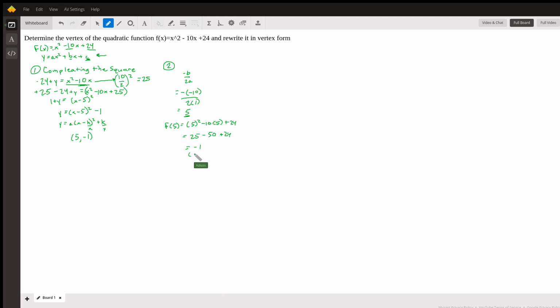So our coordinate is 5, negative 1. And if we want to put this into vertex form, we would say y equals x minus 5 squared minus 1, just plugging those values into the vertex form that I explained right here.